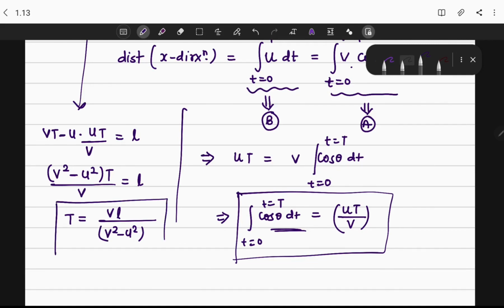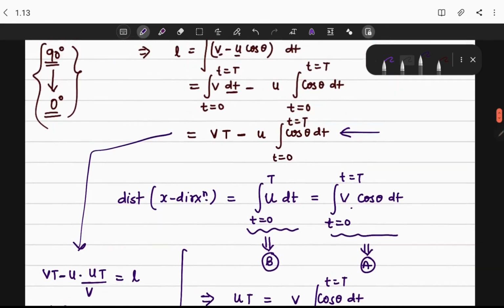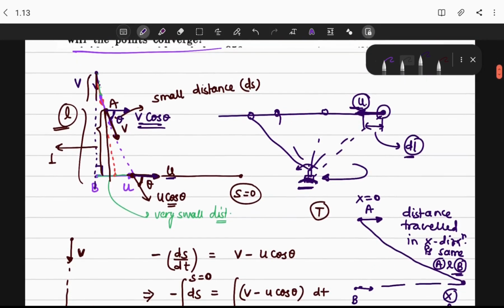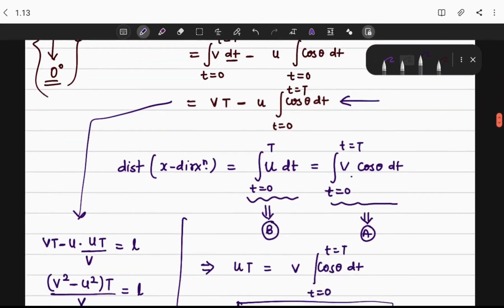So this is the total time taken by both A and B to converge. I hope the entire procedure is clear. Thank you.